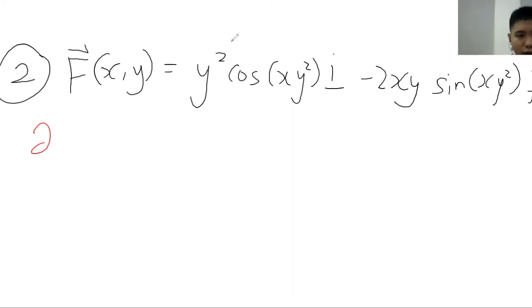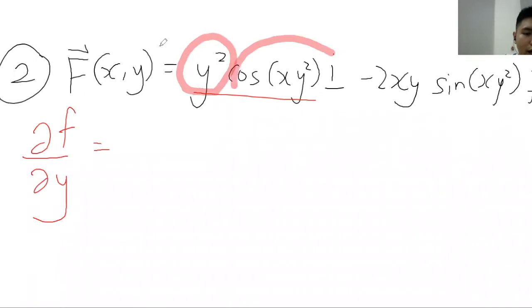Let's say it's also two variables, easy first. This part is in terms of i, meaning the x-axis, so we do a partial differentiation with respect to the opposite, which is y. Because there are two terms, we have to differentiate using the product rule.